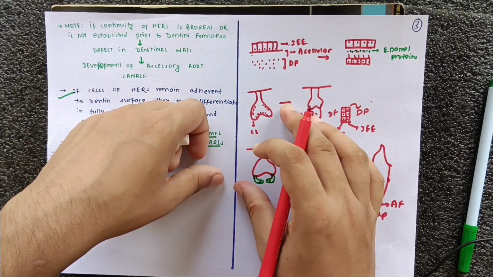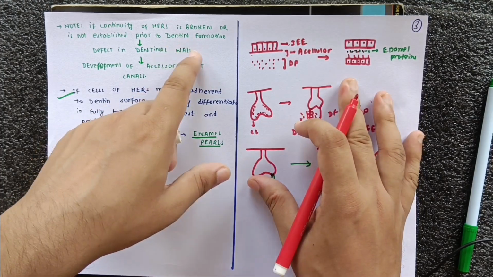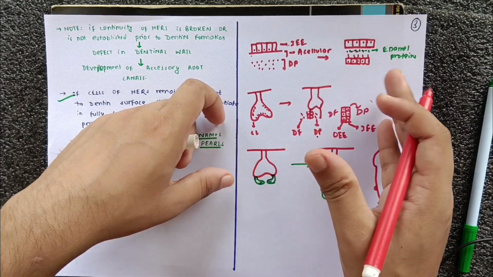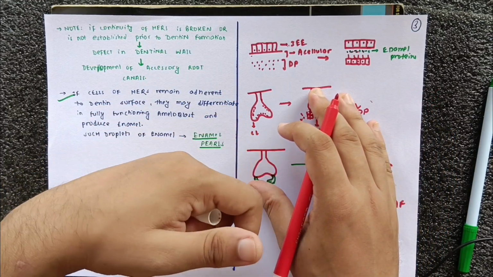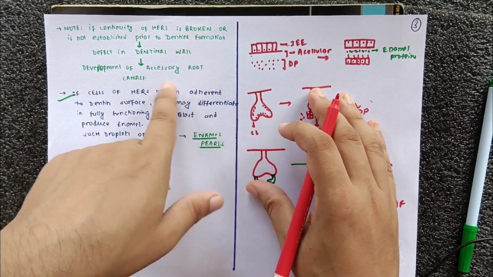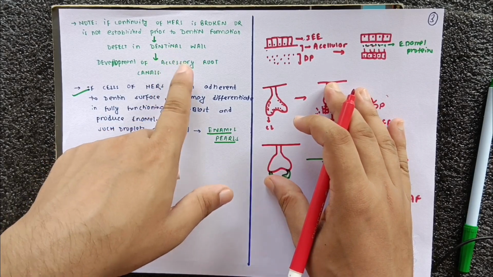As you know, after the formation of odontoblasts and dentine, there is a degeneration of the Hertwig epithelial root sheath. But if the degeneration takes place before dentine formation, there is a development of accessory root canals. That is the thing we should remember.